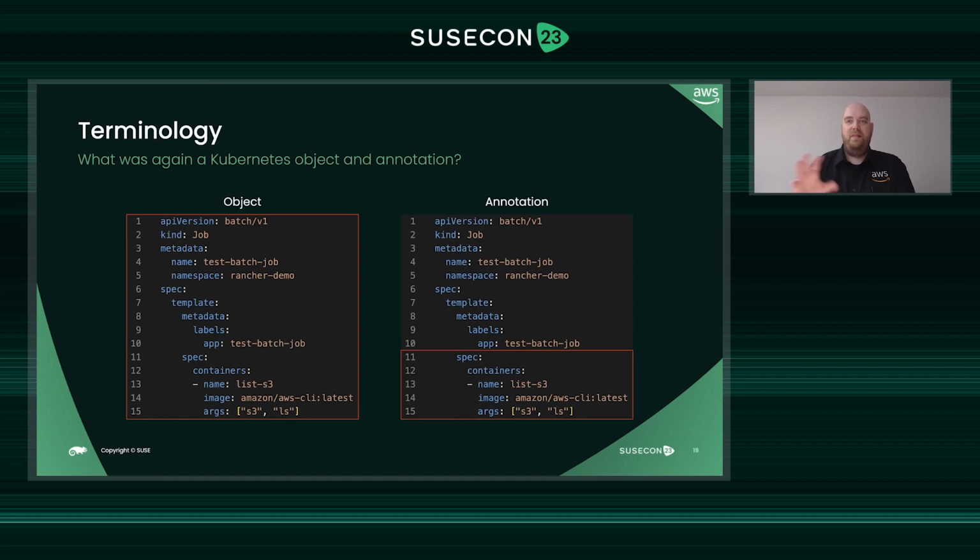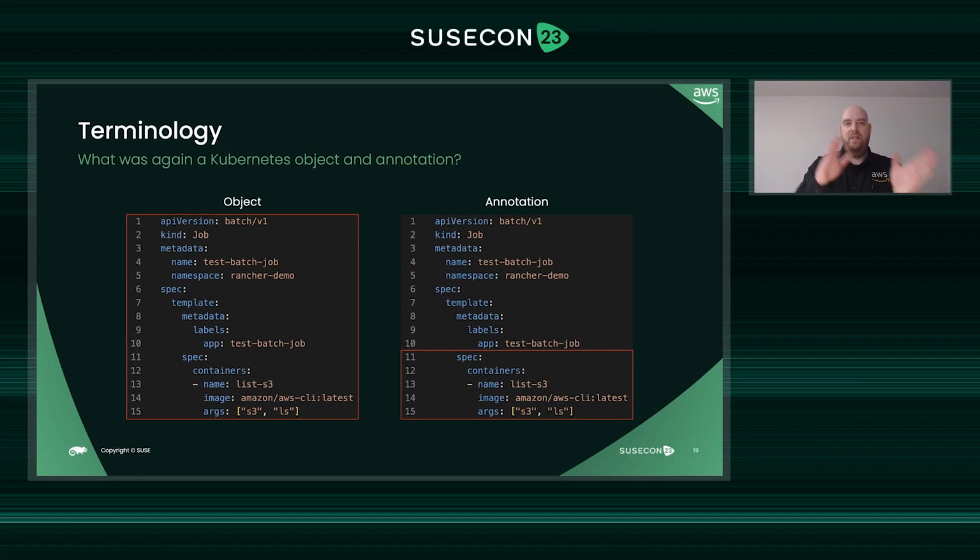Sometimes, based on my experience at least, resources are referred to as objects and vice versa. So let's just say, simply speaking, that whatever you declare in your Kubernetes cluster is such an object/resource. And then you have Kubernetes annotations.